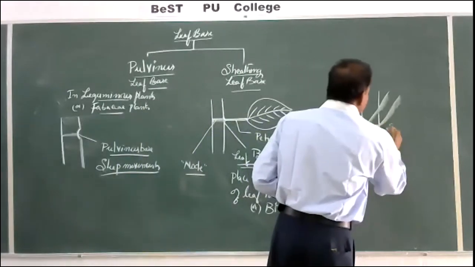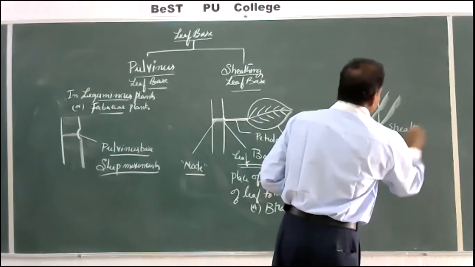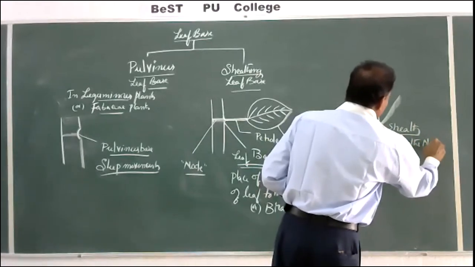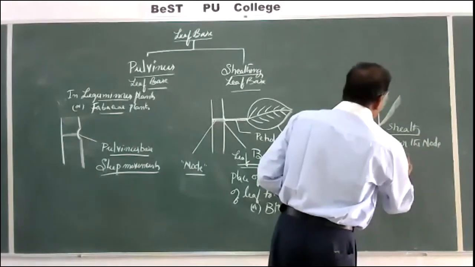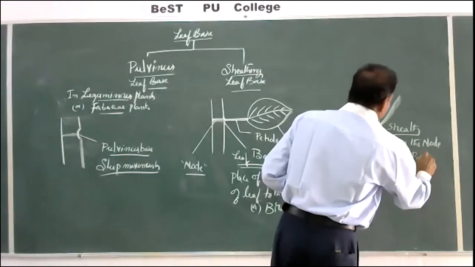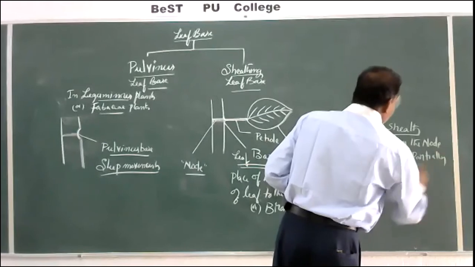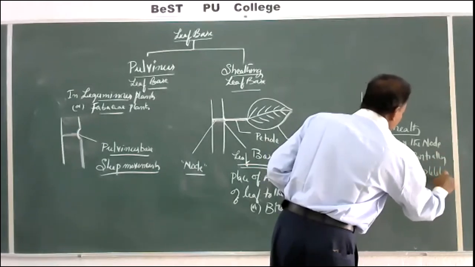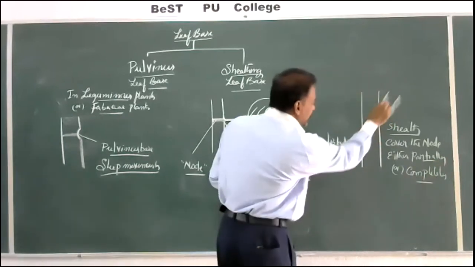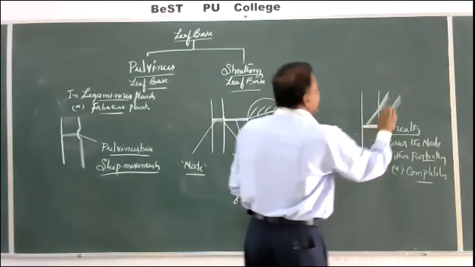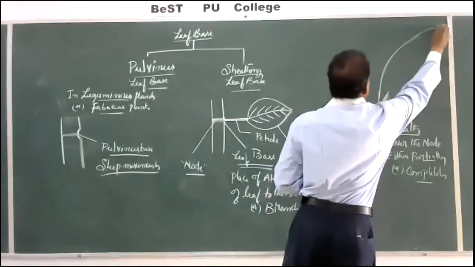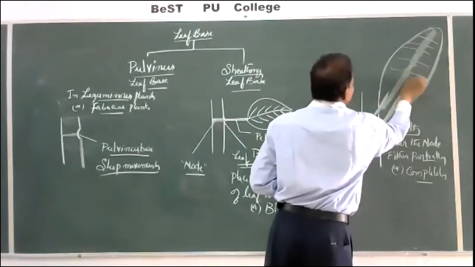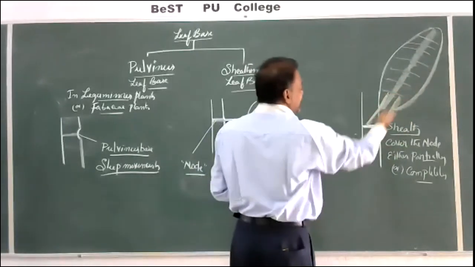Sheathing: a sheath covers the node either partially or completely. So I have shown it in the diagram. Generally banana plants, banana leaves, have a structure like this, where it is difficult to pluck.